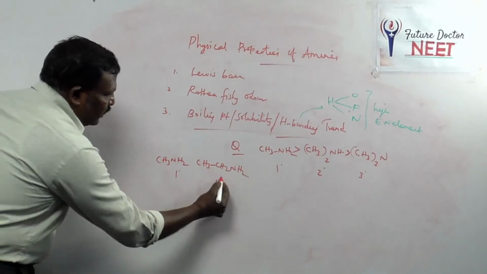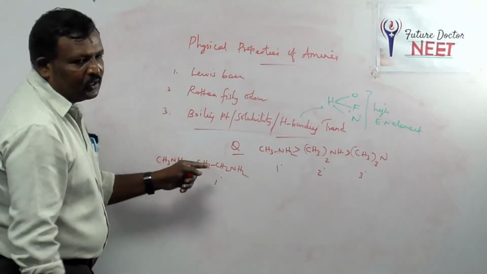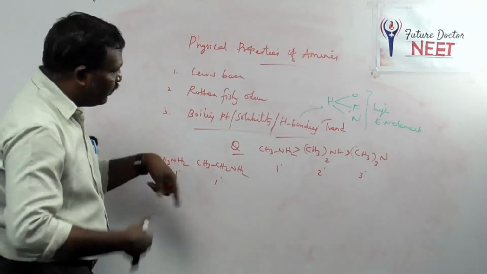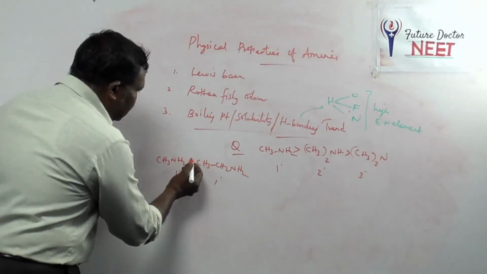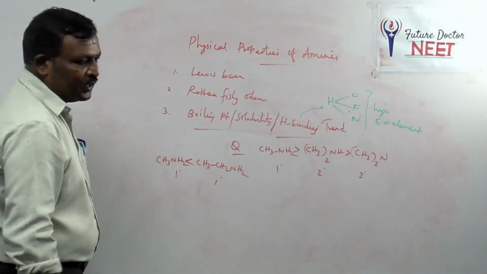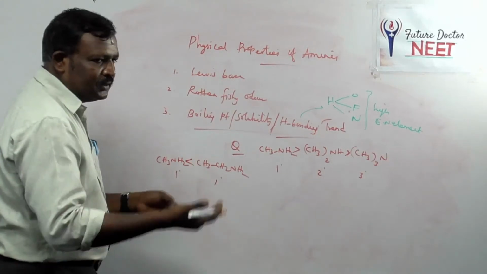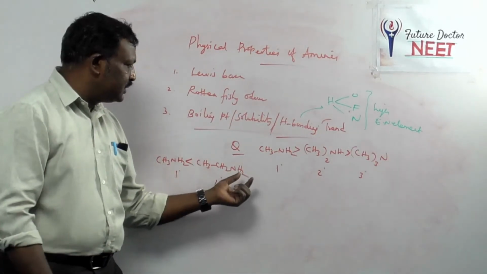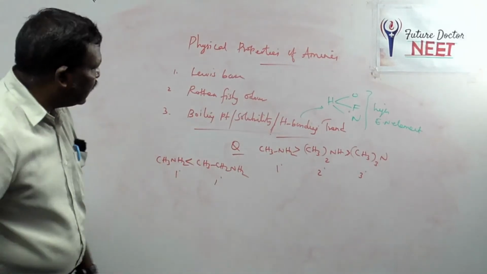Then in this case, to differentiate, you see the molecular mass. Who is having more molecular mass? Ethanamine has more molecular mass. So methanamine, ethanamine, propanamine, it goes on, so molecular mass increases. That's the general one. If molecular mass increases, boiling point also increases. Okay, understood? Right. Next one.